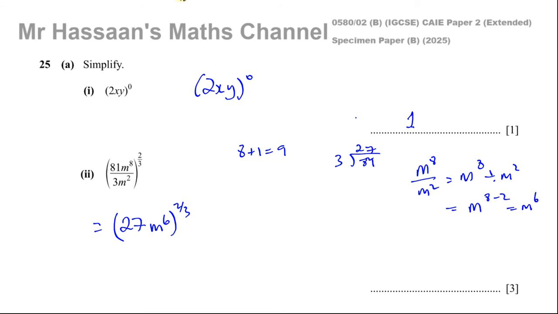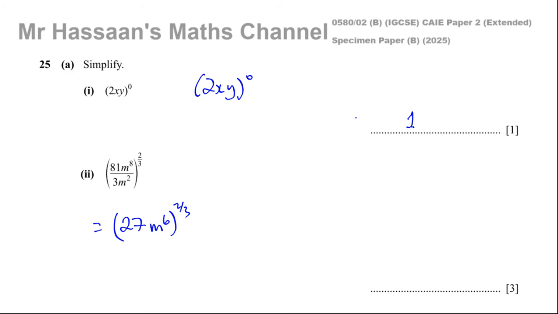Now we've got to deal with this fractional power. What we have to understand, very important, is that a number to the power of a fraction can be written in surd form as the nth root of a to the power of m.